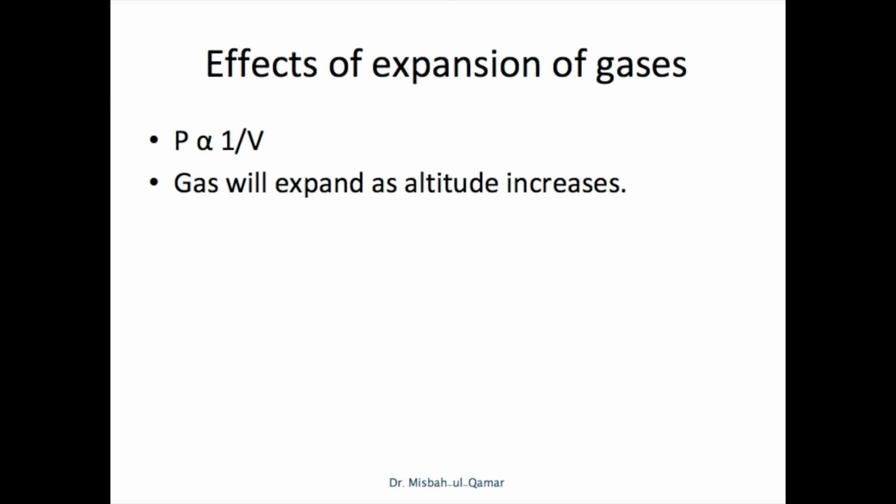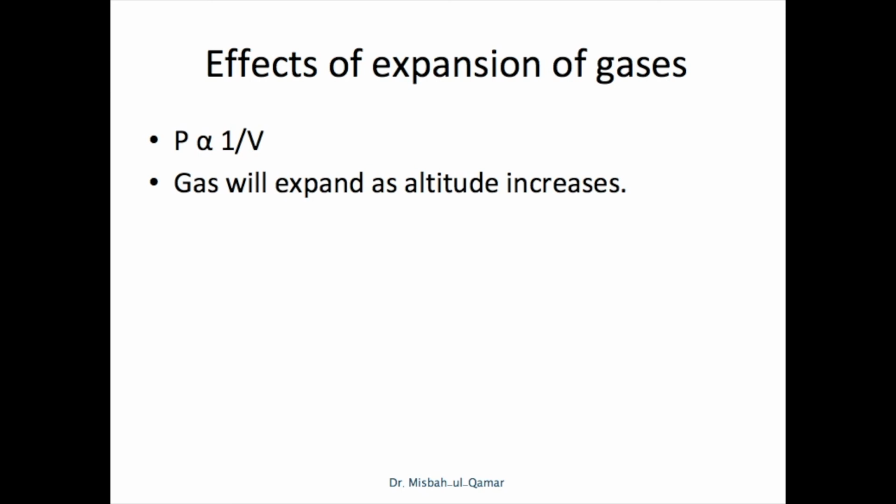Here are a few other effects of high altitude which are considered minor but actually they are not. If you recall your previous knowledge, according to Boyle's law of gases, the pressure is inversely proportional to volume. So the trapped intestinal gas will expand dramatically as the altitude increases.